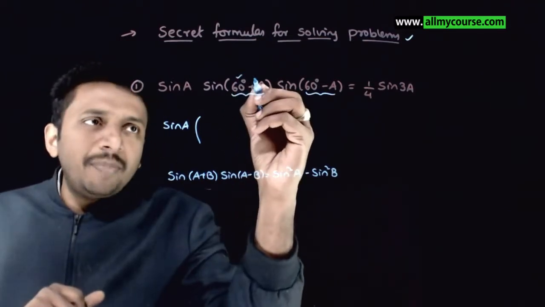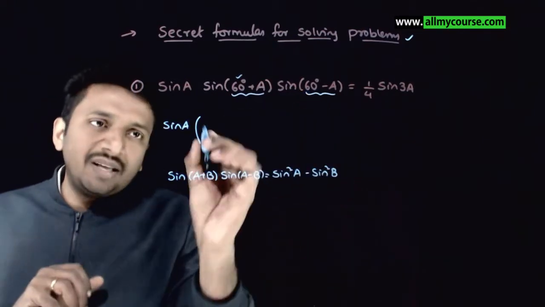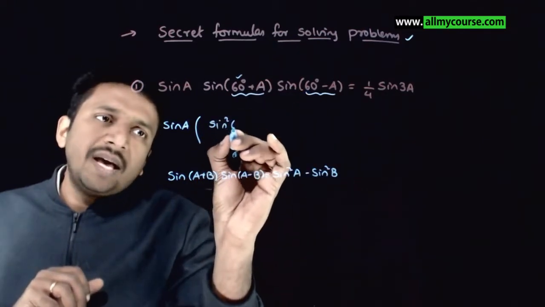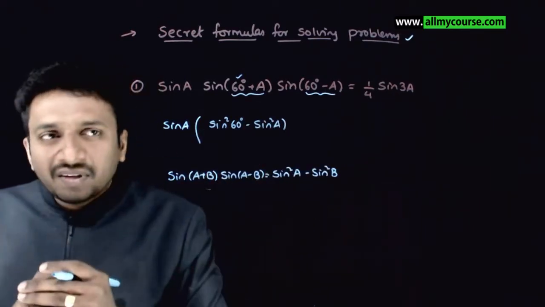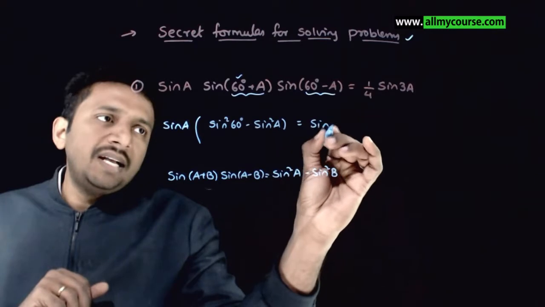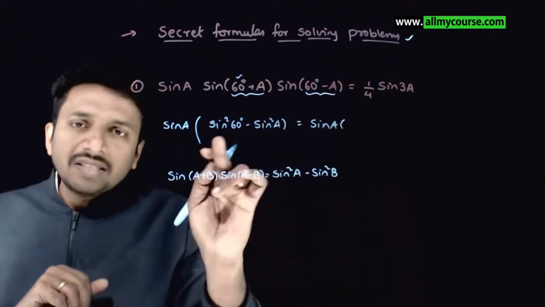Now sine 60 plus A into sine 60 minus A is nothing but sine square 60 degrees minus sine square A. So that is equal to sine A times sine square 60.